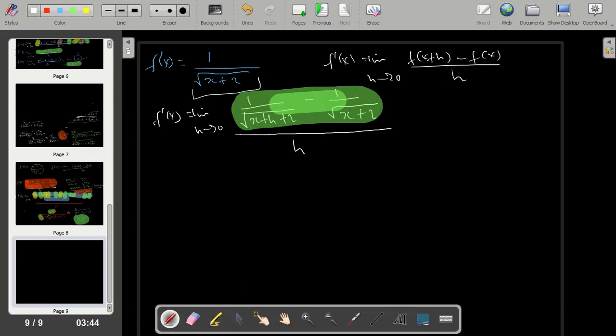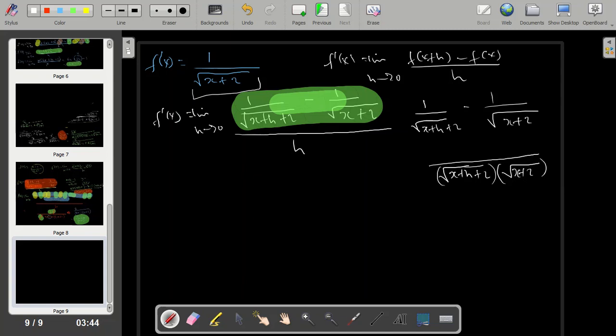So making this one a single fraction is just going to be 1 over the root of x plus h plus 2 minus 1 over the root of x plus 2, which will just turn out to be, you are going to have that as your common denominator, then x plus 2.